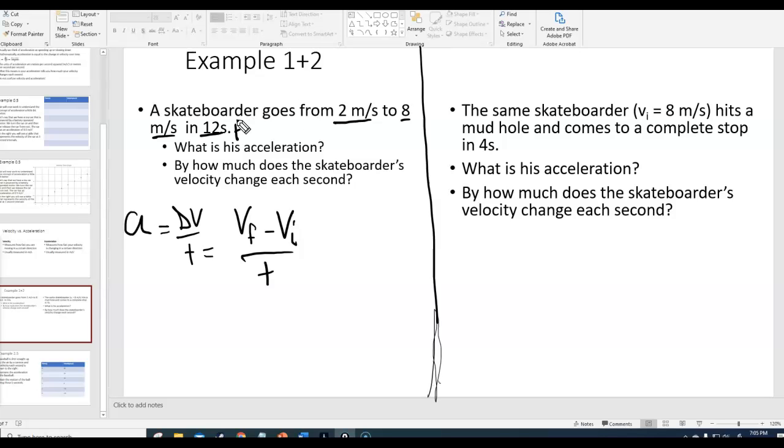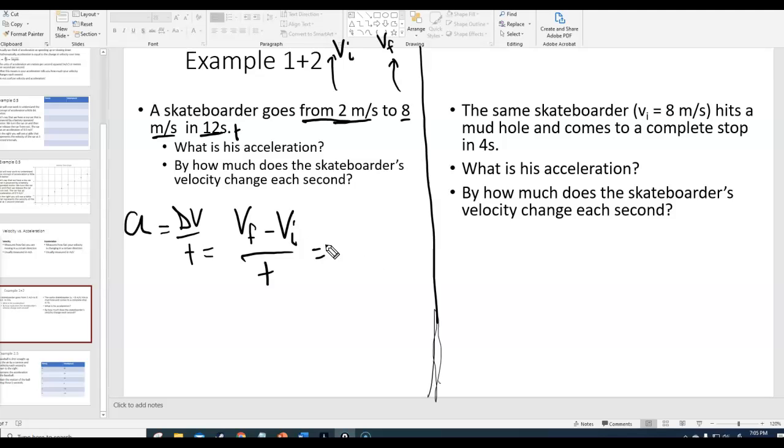So in example 1, the context clue is that it says from 2 meters per second to 8 meters per second. So in other words, it starts at a velocity of 2 and ends up at a velocity of 8. That means this 2 meters per second, I'm going to label as vi for the initial velocity, and this 8 meters per second, I'm going to label as vf for the final velocity.